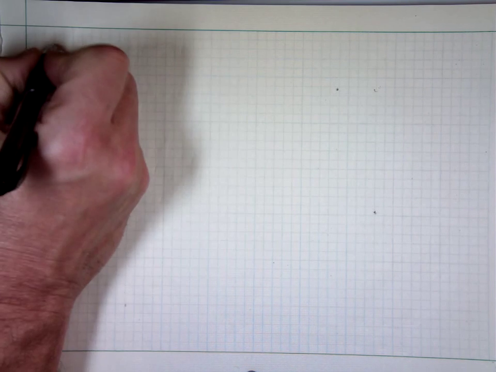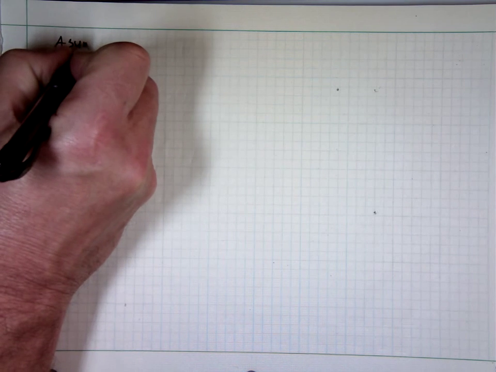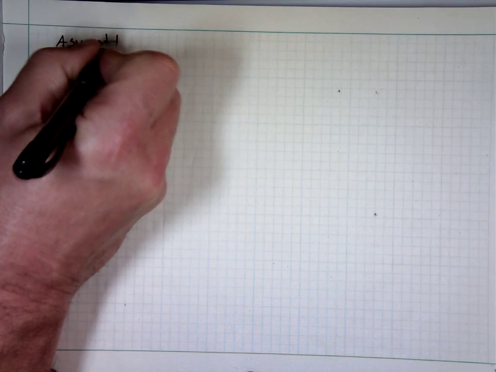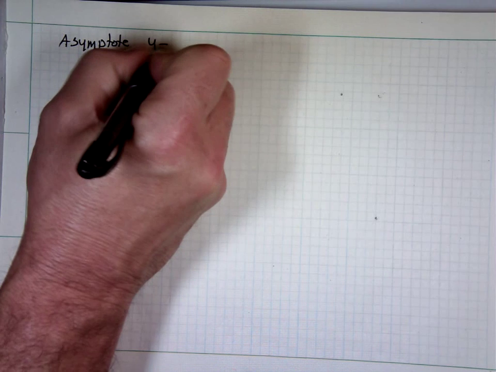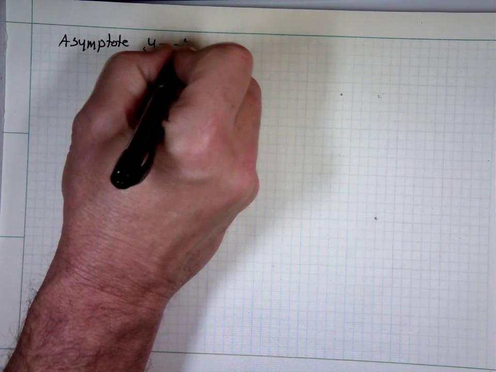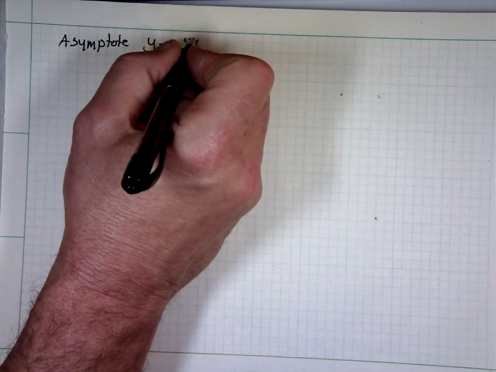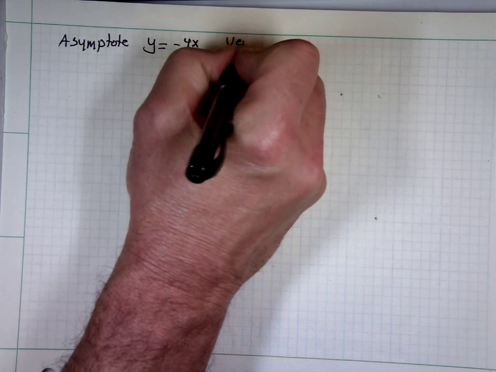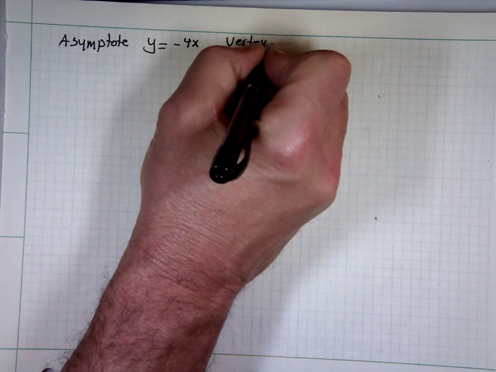Asymptote is y equals negative 4x. Vertex at 0, comma 4.